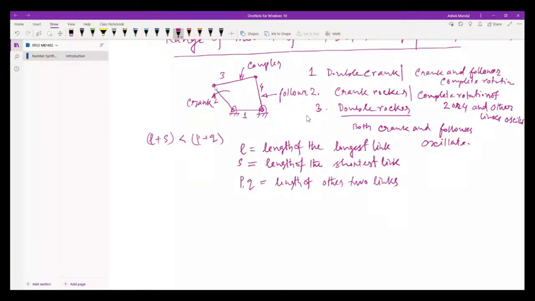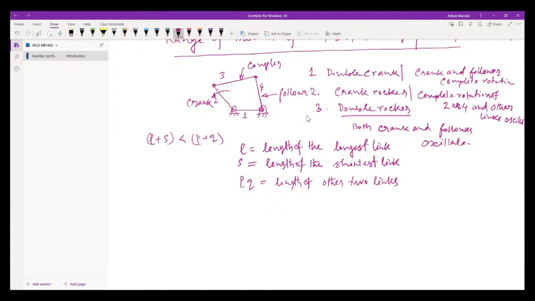With respect to link 1, we want to find out, suppose link 2, we want to make it complete rotation with respect to link 1. What is the condition for that? Similarly, we want to find out what is the condition if we rotate link 3 with respect to 1, link 4 with respect to 1.